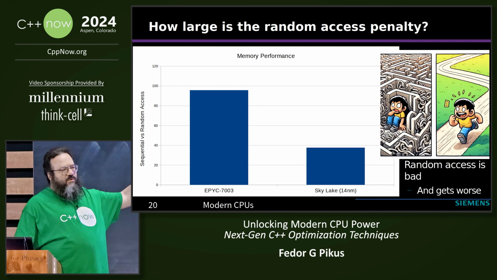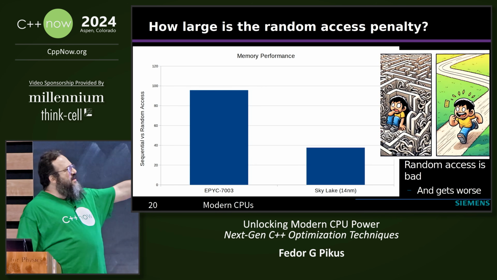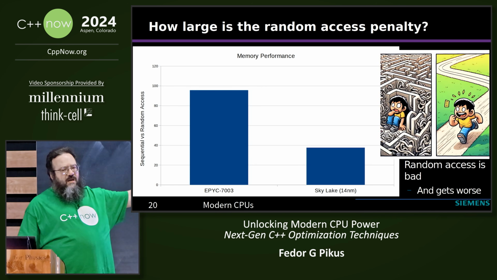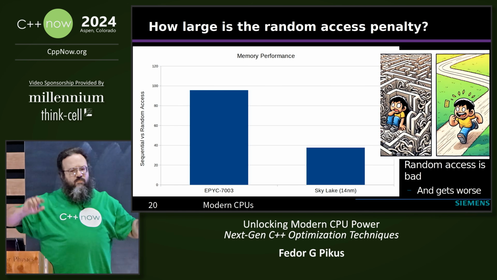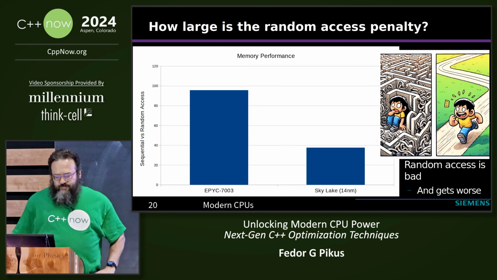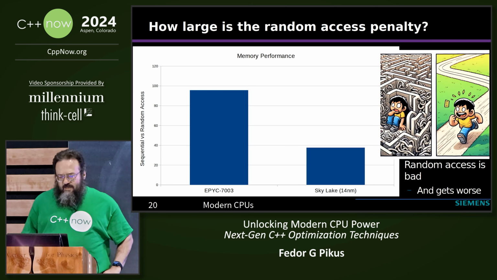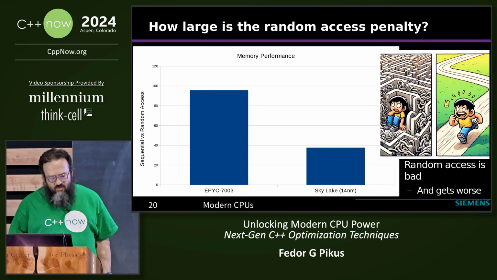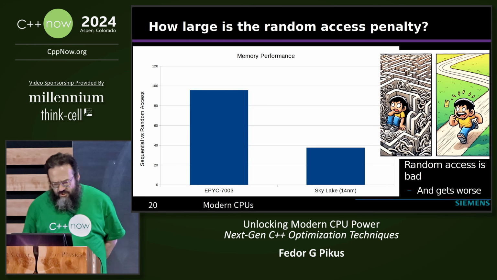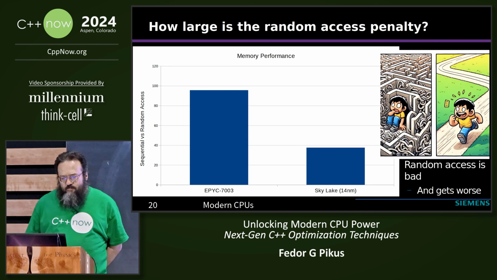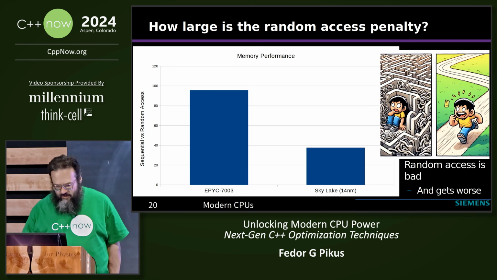They may be 15% worse. So yeah, I'm picking the most extreme examples, but from the same pool of CPUs, and I am definitely trying to impress the message on you that it's bad and it's getting worse. Random access is expensive.